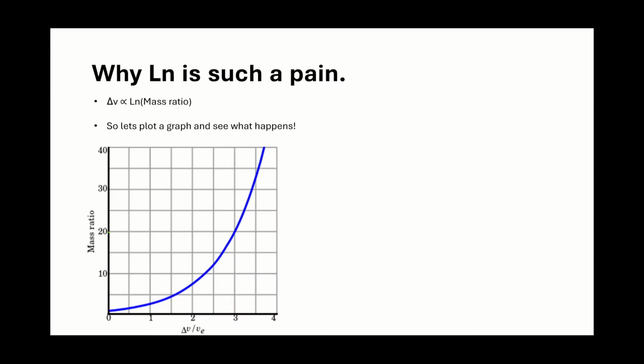Say we had a mass ratio of 10. We have a total delta V of 2.3 something. Now if we have a mass ratio of 20, that goes up to 3. So that's pretty good. But if we go from 20 to 30, we get less out.